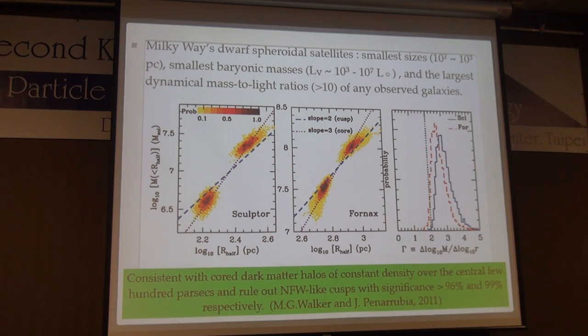They compare with the simulation, and the cuspy structures are ruled out at about 96 or 99%.